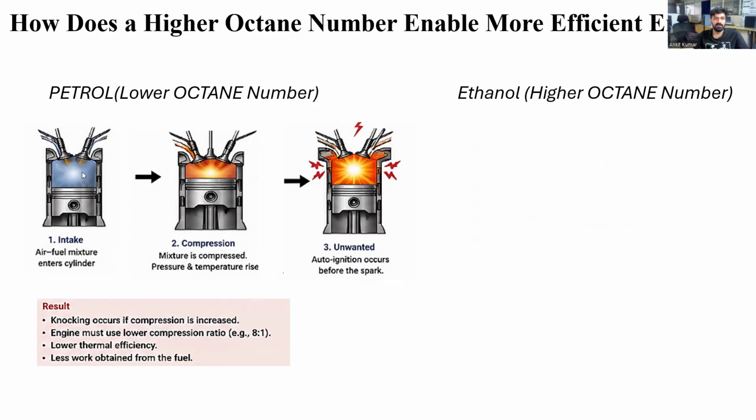In the case of petrol, if you go beyond a maximum compression ratio, like 8 to 1 or 9 to 1, then since petrol molecules are bonded by weak van der Waals forces of attraction, it generates free radicals at the higher compression ratio, and it won't wait for the spark plug to generate the spark.